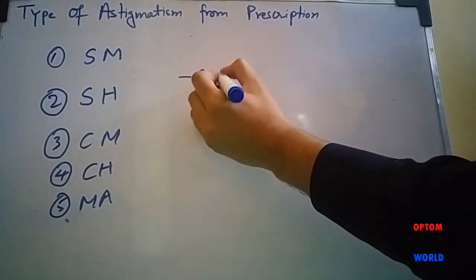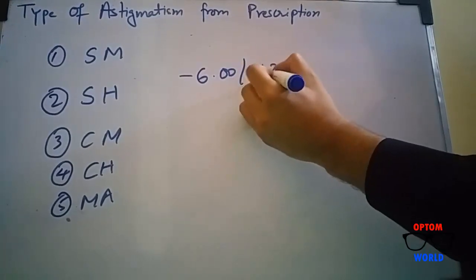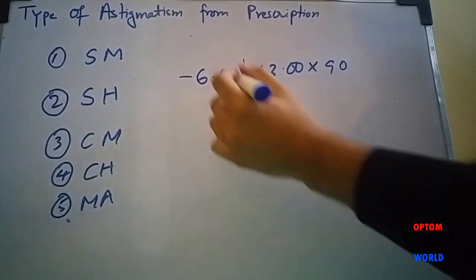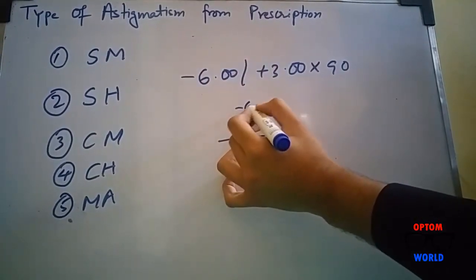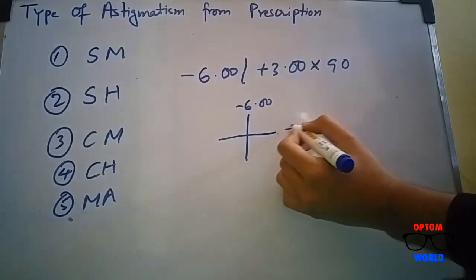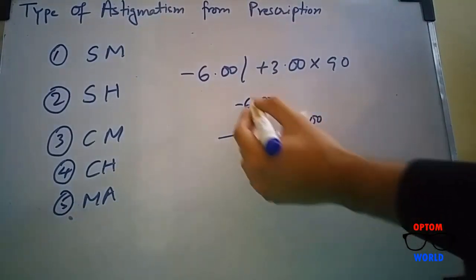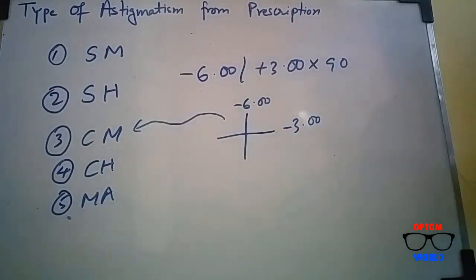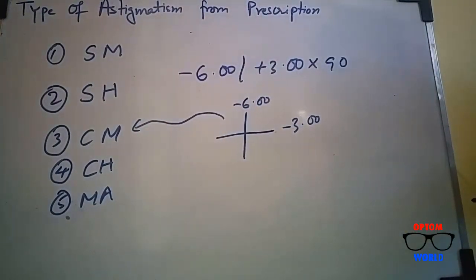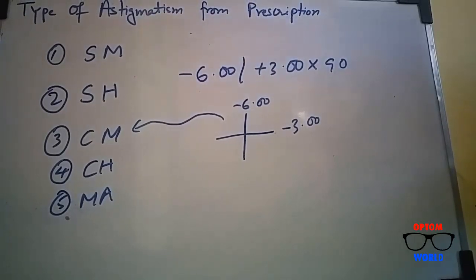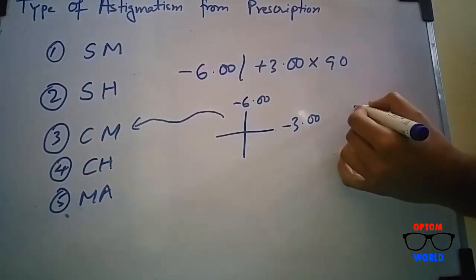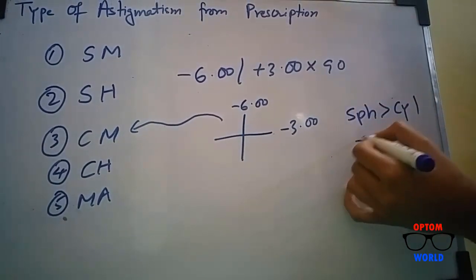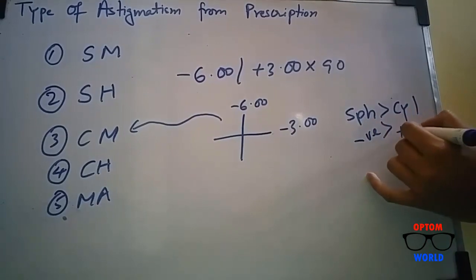Let's take another example. If you have minus 6 sphere with plus 3 cylinder at 90, in this case we will have minus 6 at 90 and minus 3 at 180. It means that both meridians have negative power. So it is an example of compound myopic astigmatism. So we can say that for compound myopic astigmatism, sphere should be greater than cylinder, sphere should be negative, and cylinder should be positive.